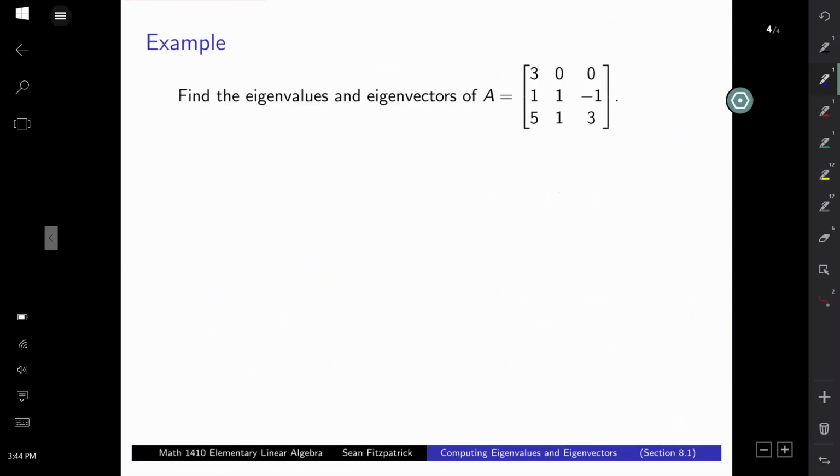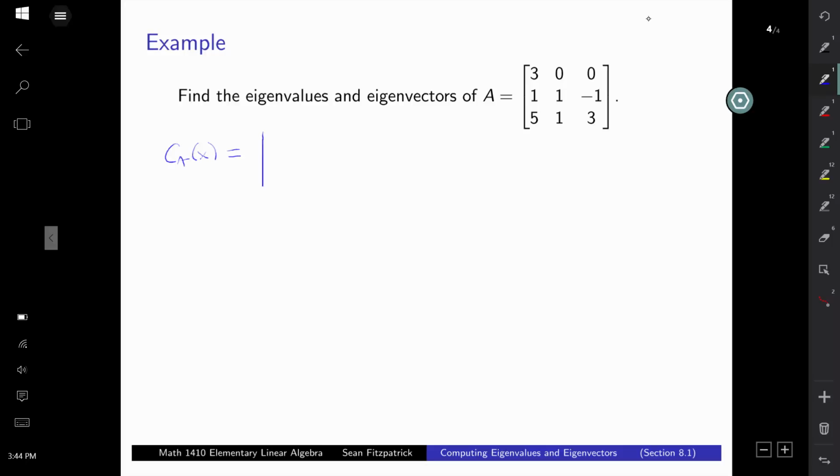All right, one more example. It's a 3 by 3, but not such a bad one because we've got a couple of zeros in the matrix. This is going to help us out. First we're going to do the characteristic polynomial.